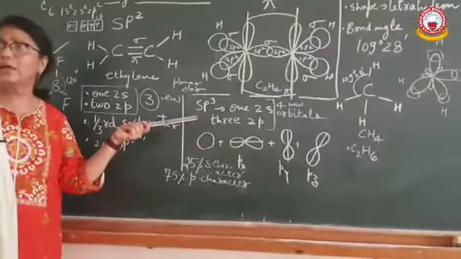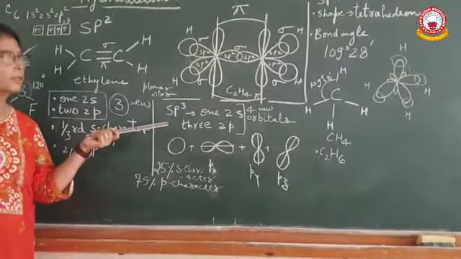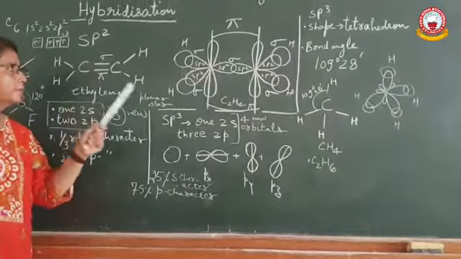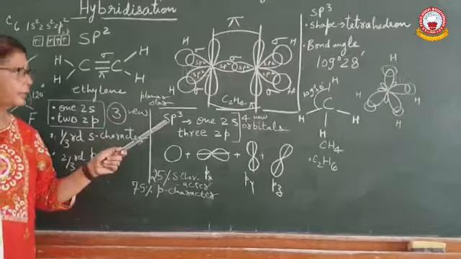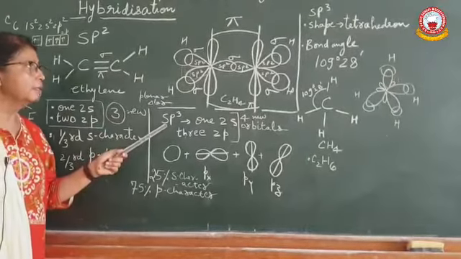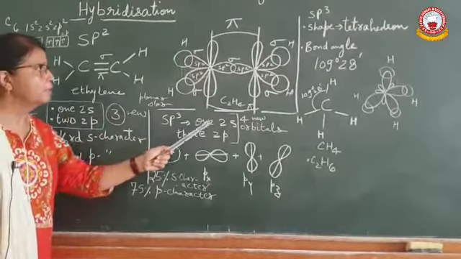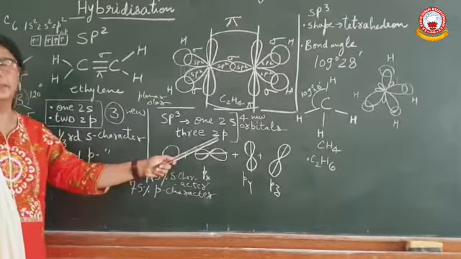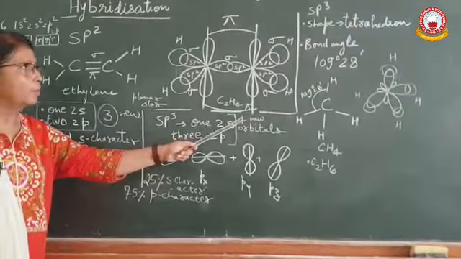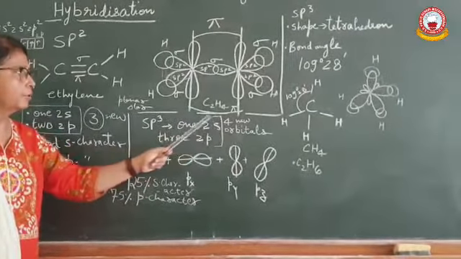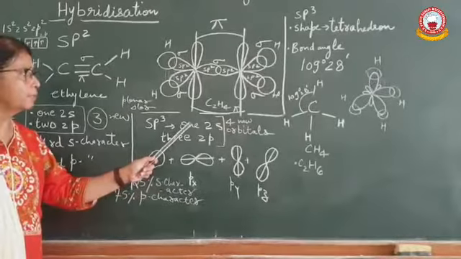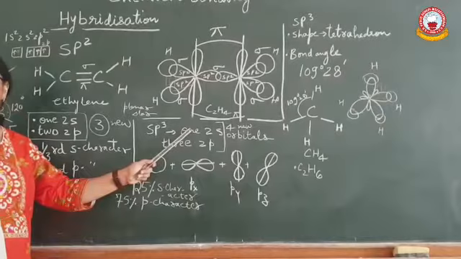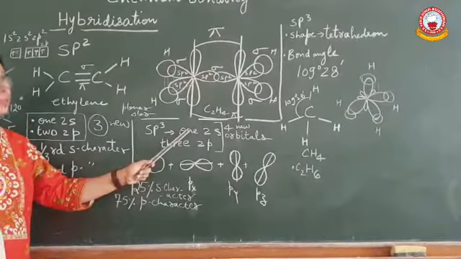Now, coming to another hybridization, that is sp3. sp I have already discussed, and this is the second one and this is the third one. In sp3 hybridization, you can see that one 2s and three 2p orbitals they intermix. How many orbitals are formed? 4, because you can add 3 plus 1, that is 4. As the number of orbitals mixing, the same number of orbitals will be formed.